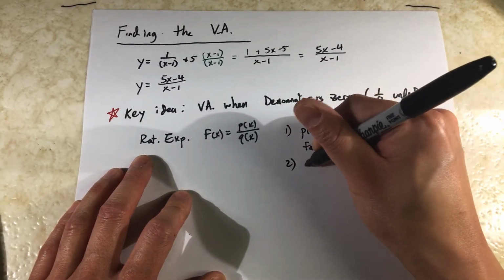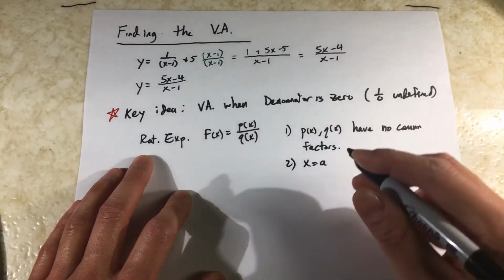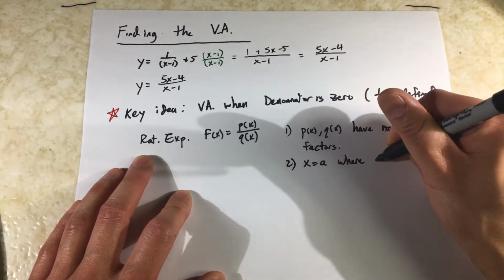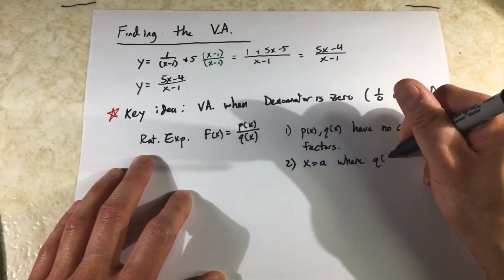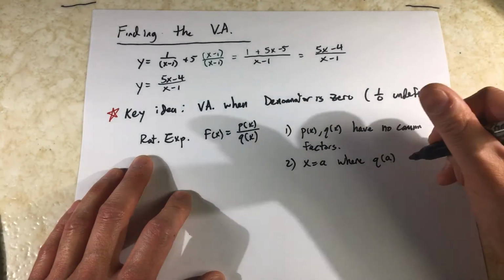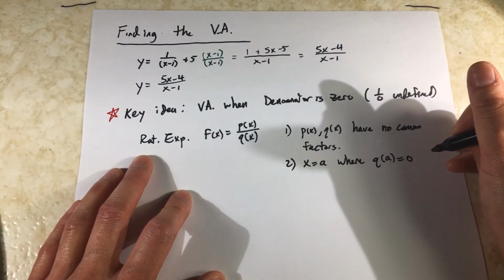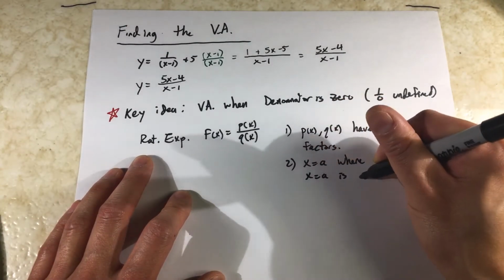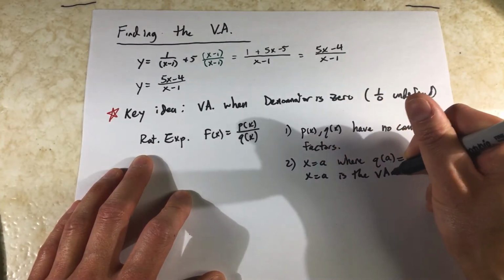And two, there's some x equals a value, where a is just some number, where q of a, which is the denominator evaluated at that point, is equal to 0. Then x equals a is the vertical asymptote.